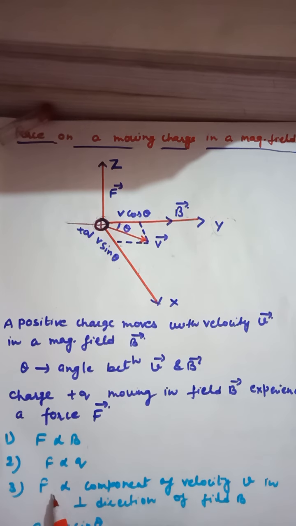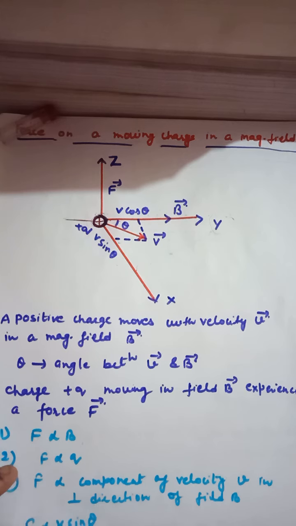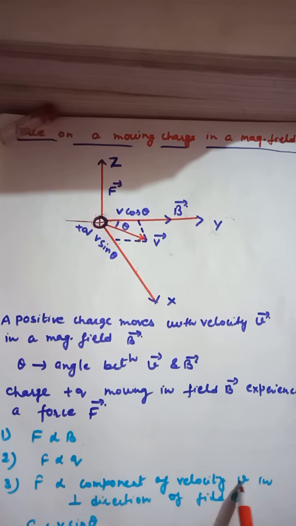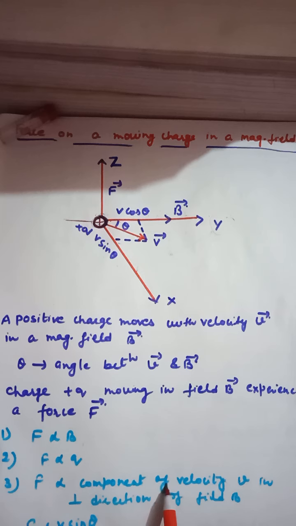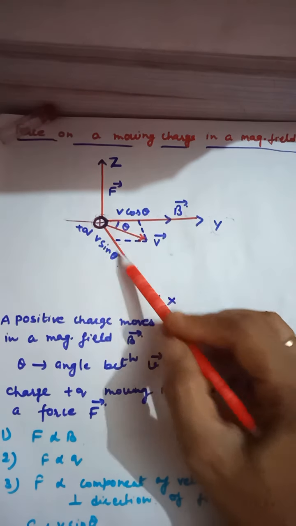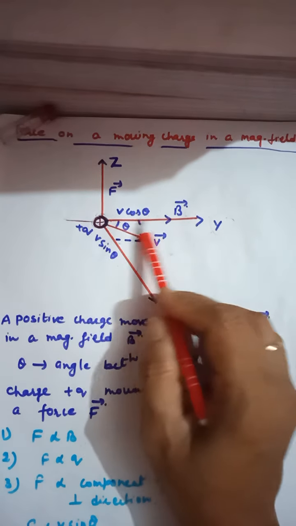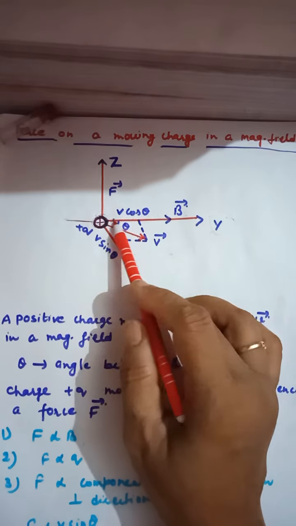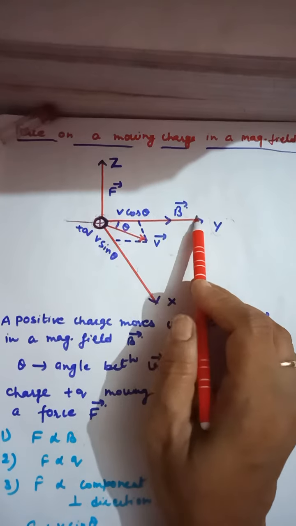Third, the force is directly proportional to the component of velocity v perpendicular to the direction of the magnetic field.